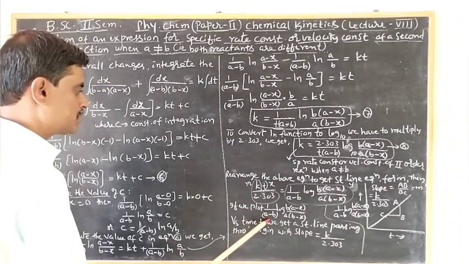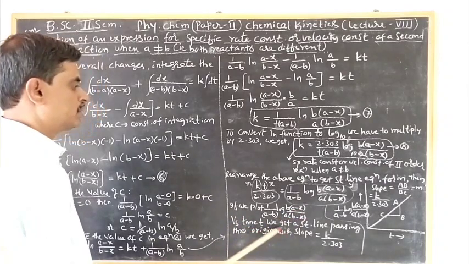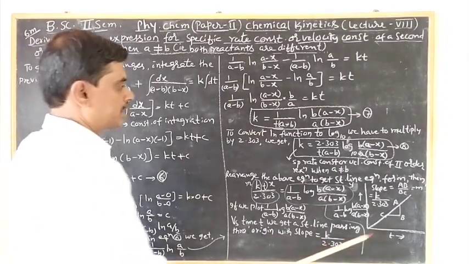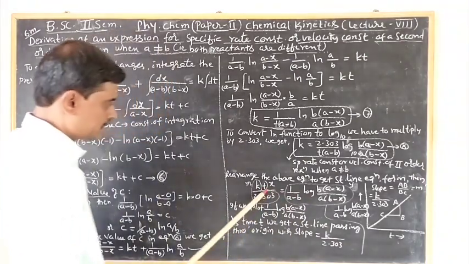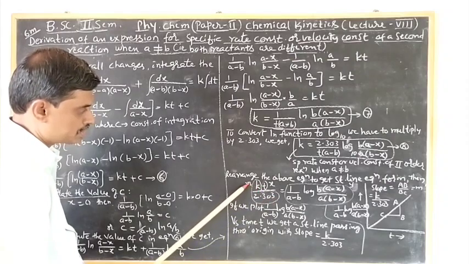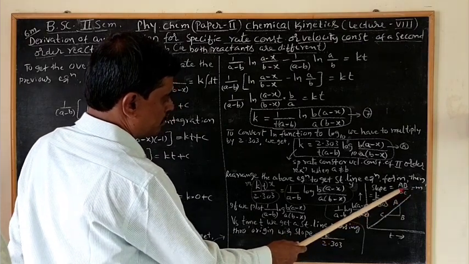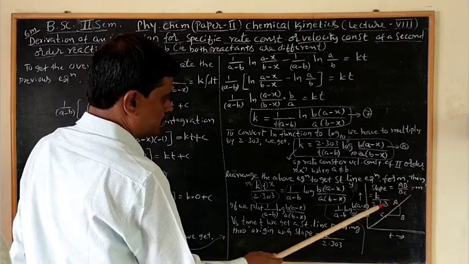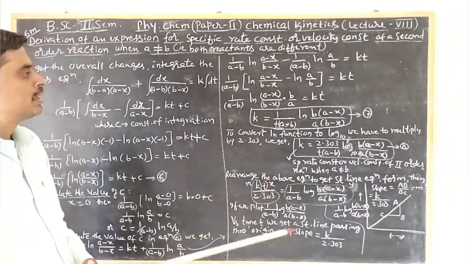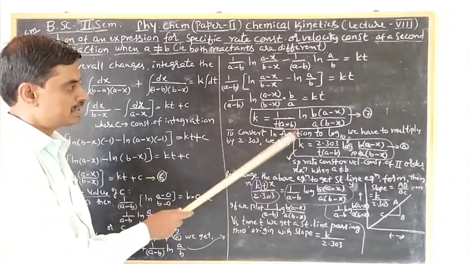If you plot 1 by a minus b, the log of b into (a minus x) by a into (b minus x) versus time t, we get a straight line passing through the origin with slope equal to k by 2.303. So this whole term will be the slope, this is nothing but m. So slope is equal to perpendicular by base, is equal to m, this is tan theta, which is equal to m is equal to k by 2.303. This is the straight line form obtained by simplifying the above equation 8.